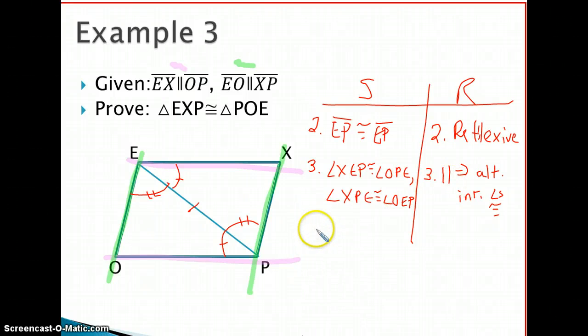You're just starting off with parallel and ending with alternate interior angles congruent. So in step 4, we had enough information that we said that the triangles are congruent. So triangle EXP congruent to triangle POE. And that's ASA.